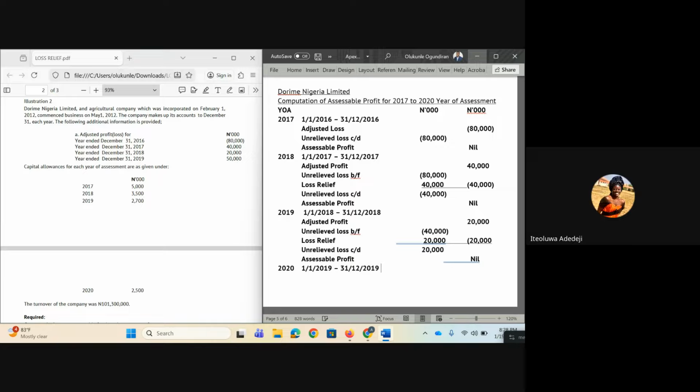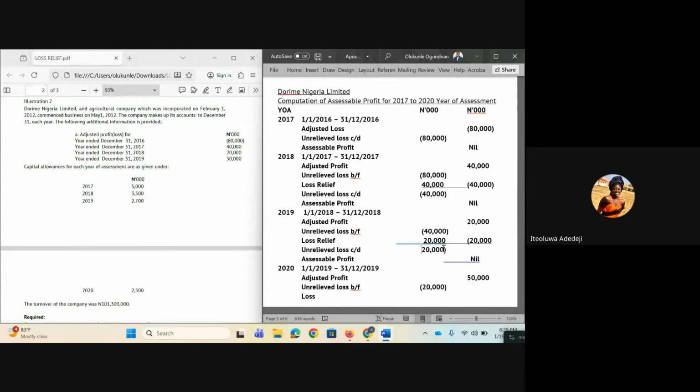All right. Adjusted profit, 50,000 positive. So unrelieved loss, 20,000 negative. Then loss relief brought forward. This time around, you can take the loss of 20,000, right?